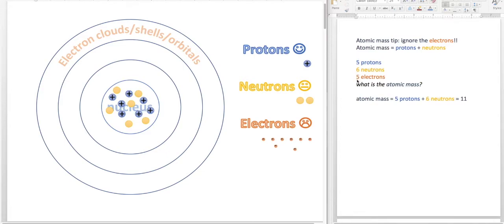If you added them all up, it's a multiple choice test. I can guarantee you that 16 is going to be one of the answer choices, but it's wrong. Don't do it. So again, as a reminder, I'm going to cross out the electrons and then plug into the equation for atomic mass. 5 protons, 6 neutrons is 11.